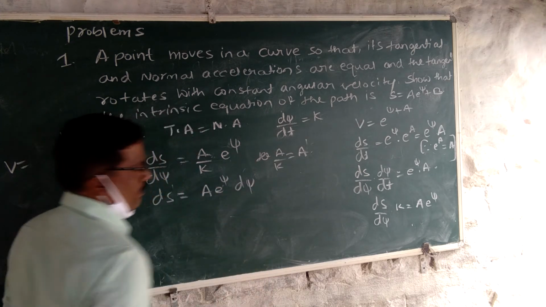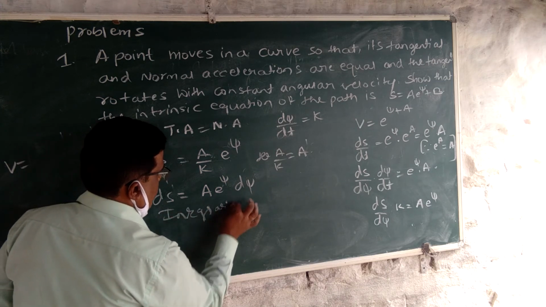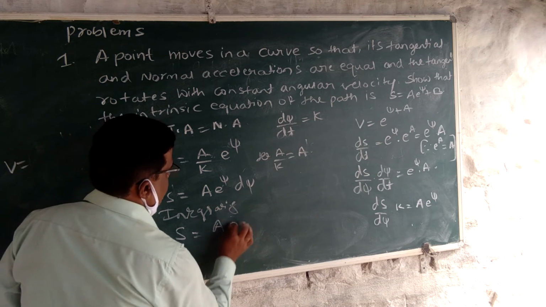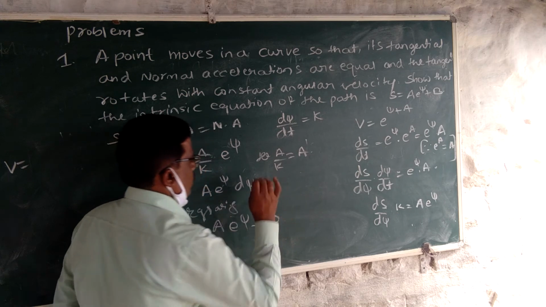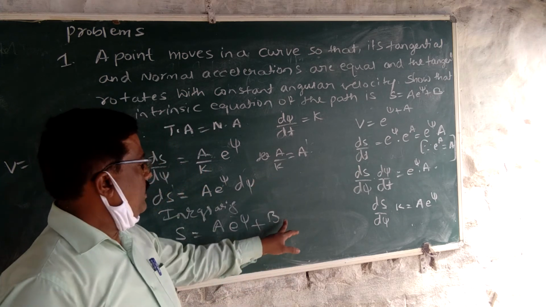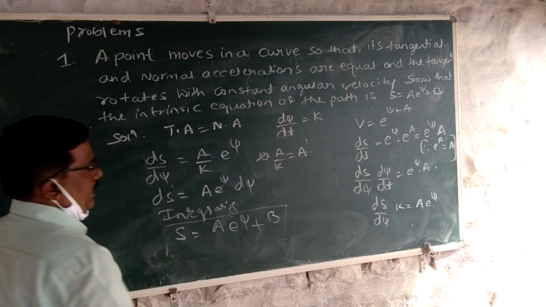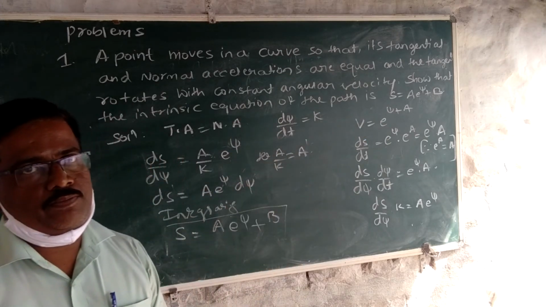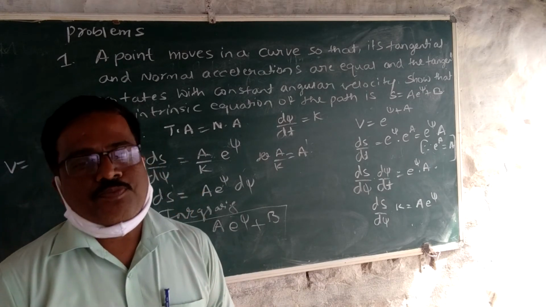Again integrating, the integration of ds is s, a is constant, the integration of e raised to psi is e raised to psi, plus one more integration constant, b. Therefore s is equal to a e raised to psi plus b, which is the required equation. This is how we solve the problem.